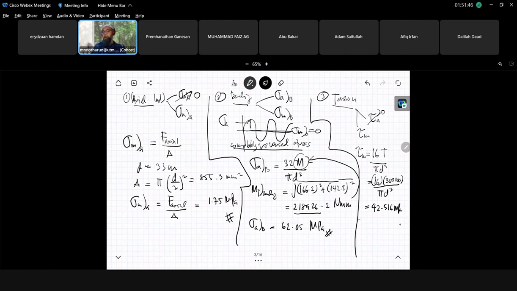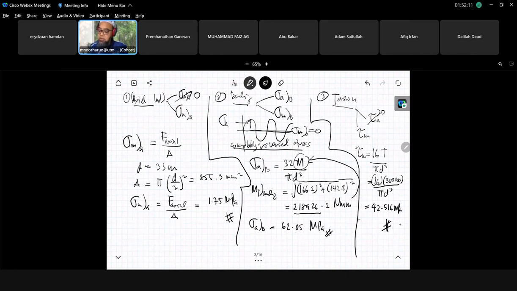Okay. So you have three values. For the axial loads, you have mean stress. For the bending, you have alternating stress.